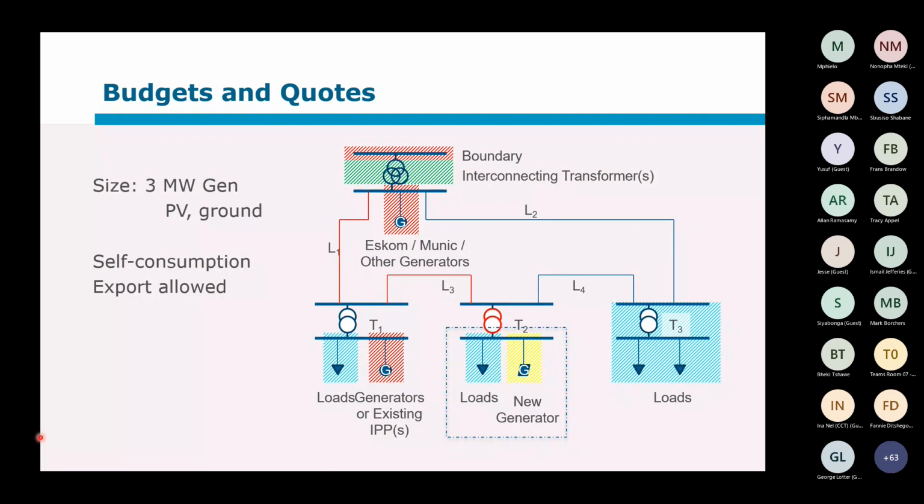Could you maybe also indicate the area that this plant would be, Gerard? Well, typically you need about 1.7 hectares per megawatt of PV. So you can multiply that by 3. Good. What is 1.7 times 3? About 5.1 hectares.